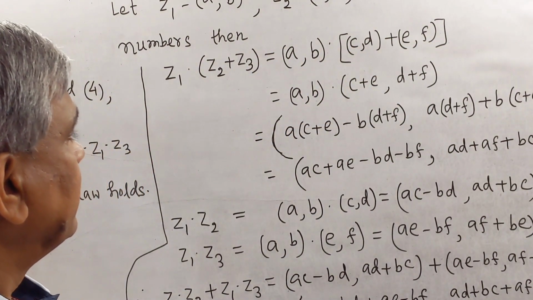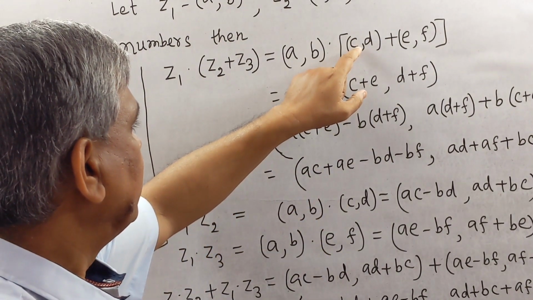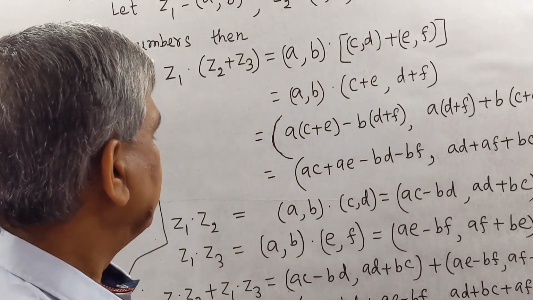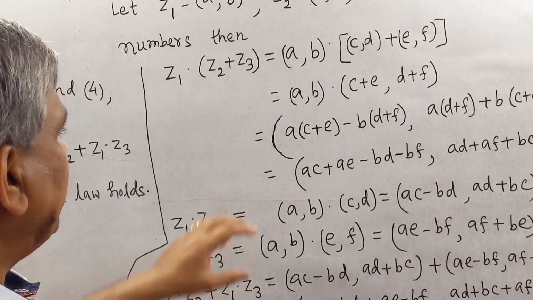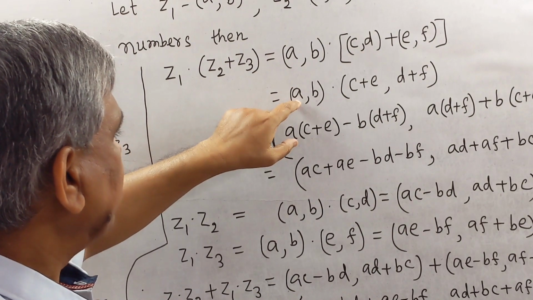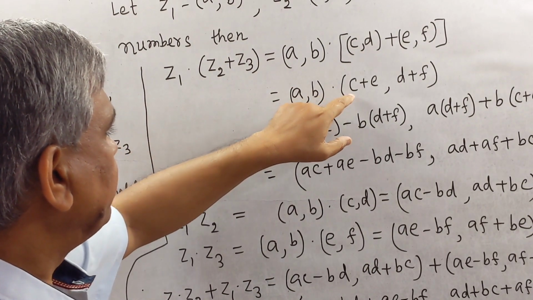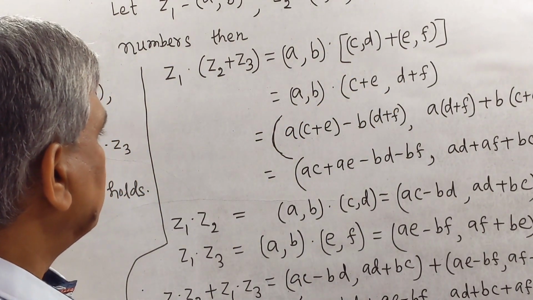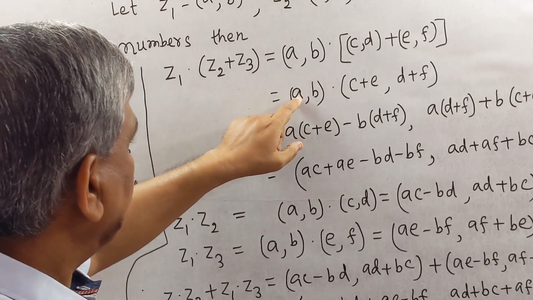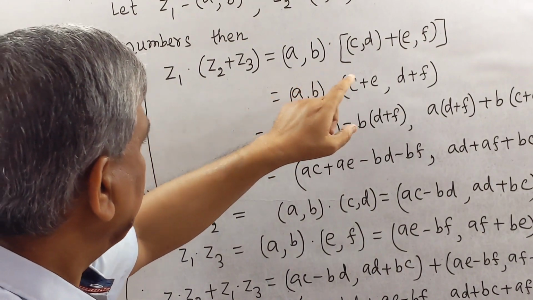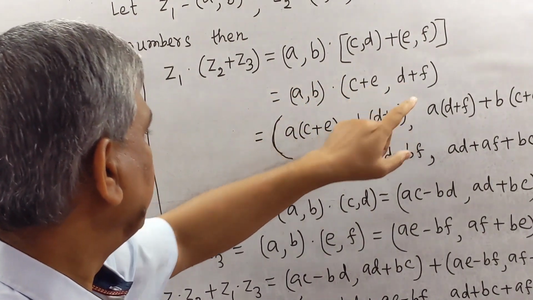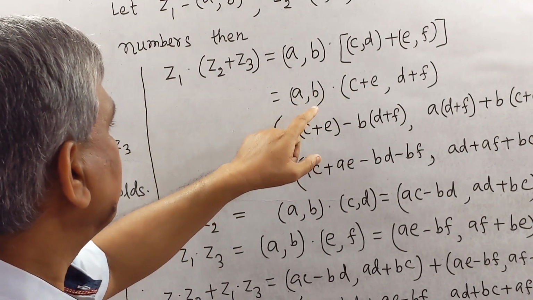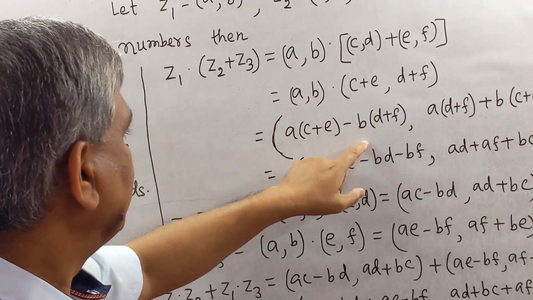We know that the addition of two ordered pairs is (c plus e, d plus f). Now we multiply two ordered pairs. First ordered pair is (a,b) and second ordered pair is (c plus e, d plus f). So first ac minus bd, we generally write here a(c plus e) minus b(d plus f).